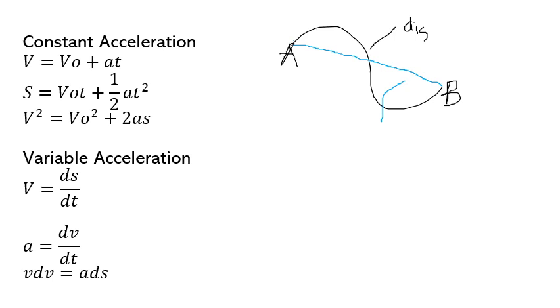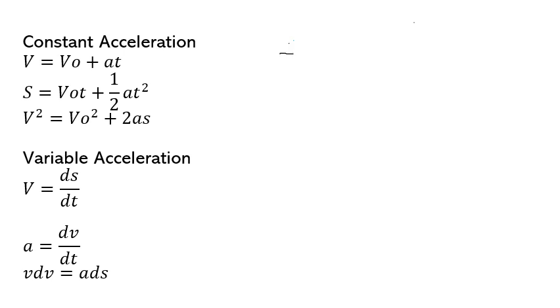And when we say velocity, it is the rate of change of displacement with respect to time. In rectilinear motion, it can be positive or negative depending on the direction of motion.